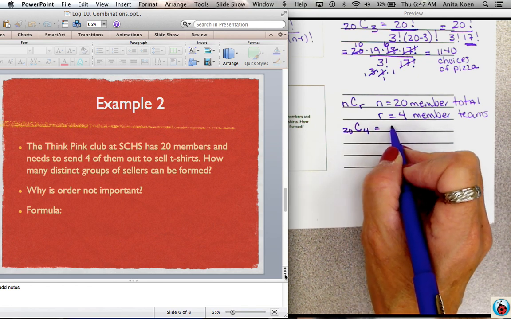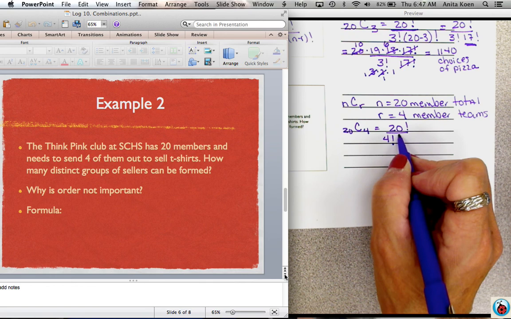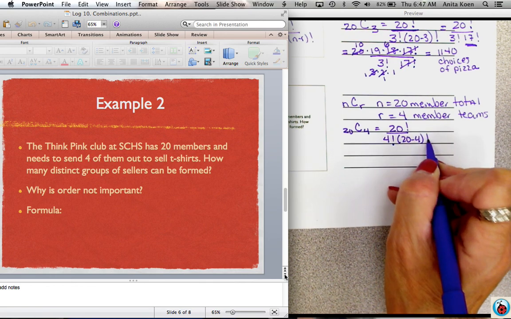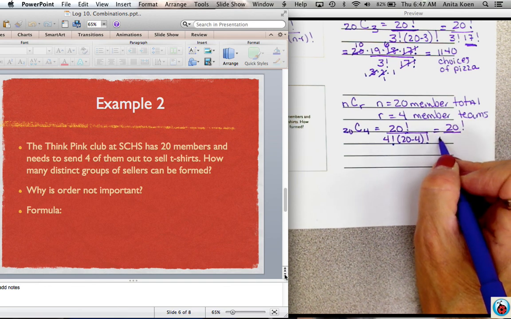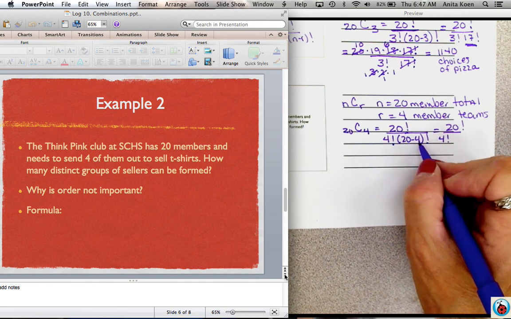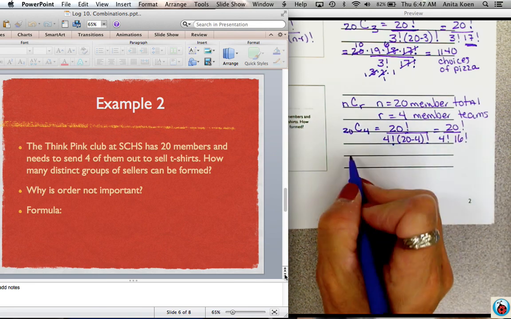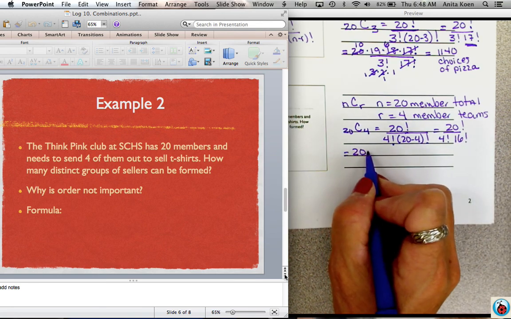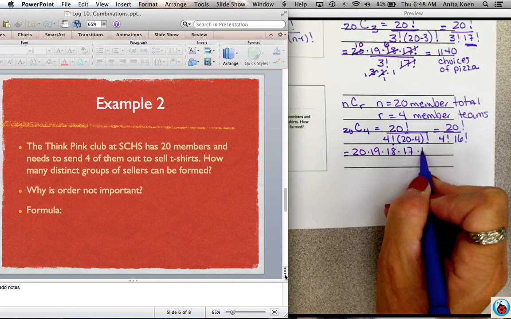All right, so we're going to do 20 factorial over 4 factorial times 20 minus 4 factorial. And that gives me 20 factorial over 4 factorial times 16 factorial, since 20 minus 4 is 16. And when we work this out, we're going to get 20 times 19 times 18 times 17 times 16.